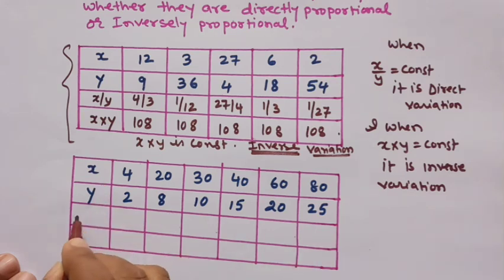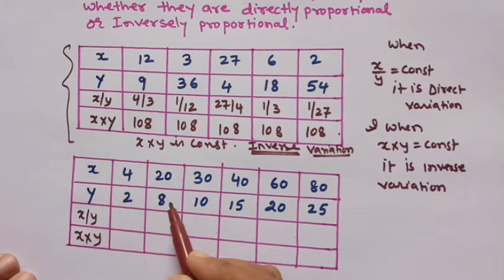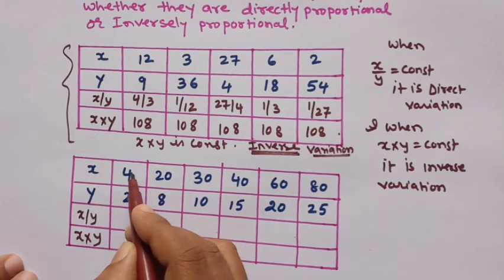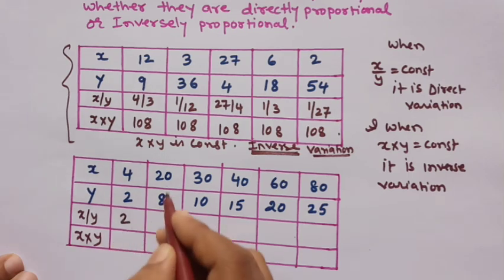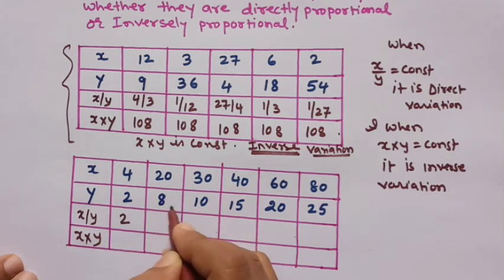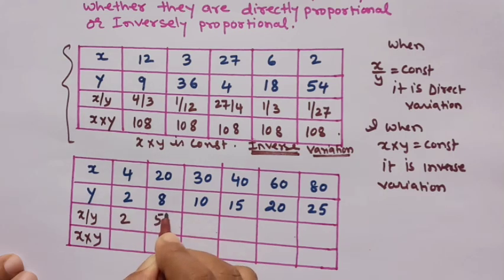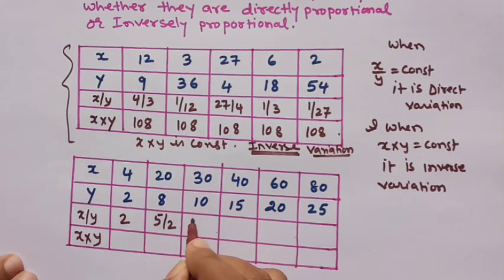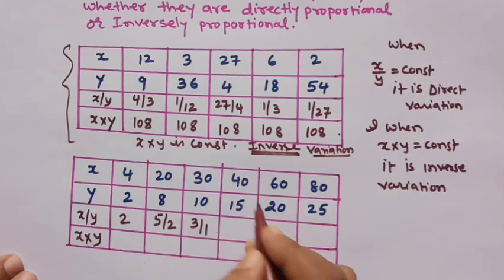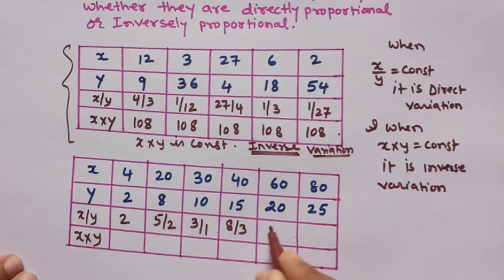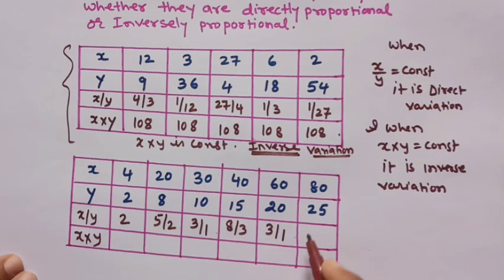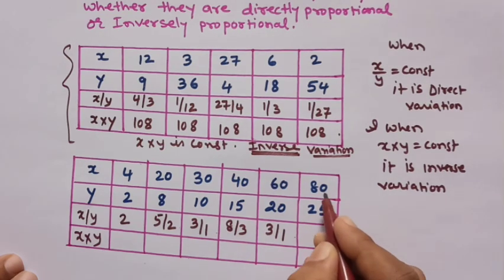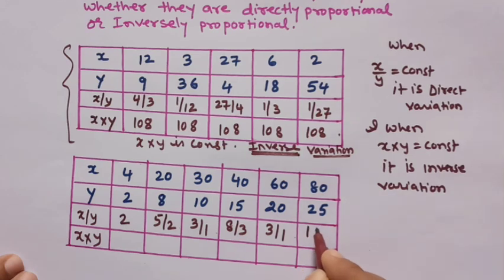Here again let us find x by y and x into y for every x and y value corresponding to one another. 4 by 2 is 2, 20 by 8 is 5 by 2, 30 by 10 is 3 by 1, 40 by 15 is 8 by 3, 60 by 20 is 3 by 1, 80 by 25 is 16 by 5. No, it is not varying directly.